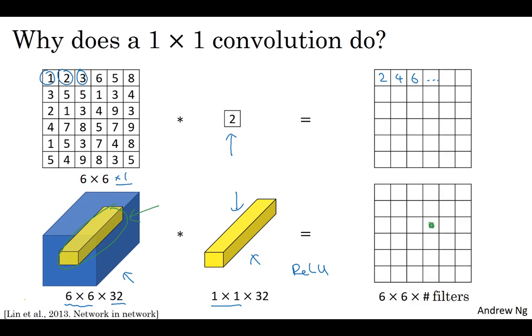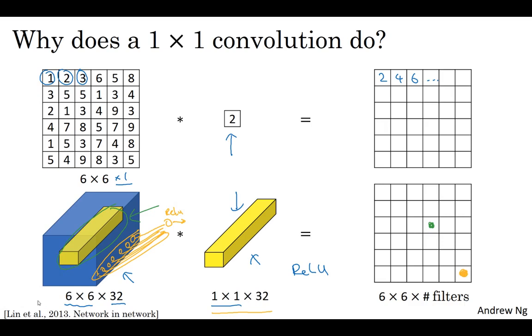In fact, one way to think about the 32 numbers in this 1x1x32 filter is as if you have one neuron that is taking as input 32 numbers, multiplying each of them, from one slice in the same position, height and width, but across these 32 different channels, by 32 weights, then applying a ReLU nonlinearity to it, and outputting the corresponding thing over there.